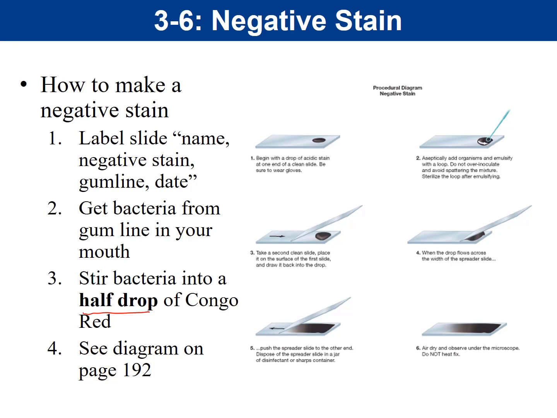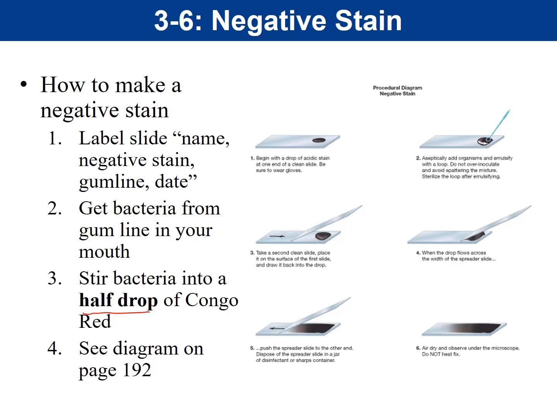Now they used a loop, but because we are using a toothpick, you're going to do this using a toothpick. Then you're going to take a second slide, and for the second slide, you're going to smear the dye all across your slide. And so what you do is you start by first pulling the slide in one direction.